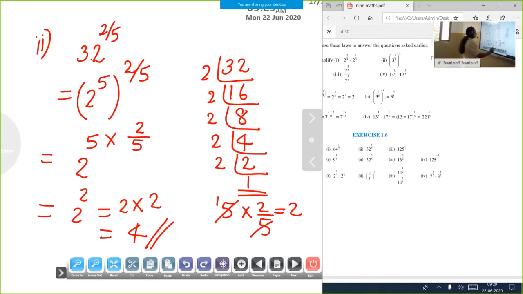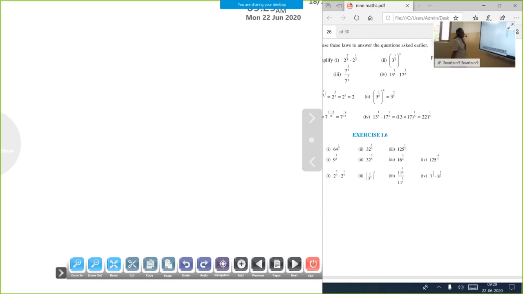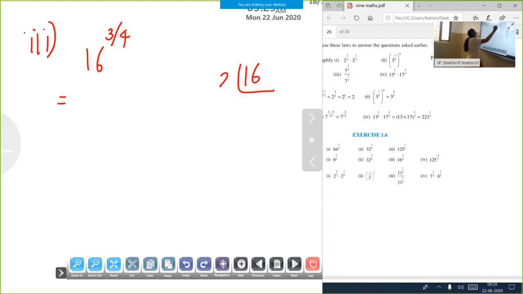One more question there. Your third question, 16 raised to 3 by 4. Here we can factorize 16. 2 times 8.